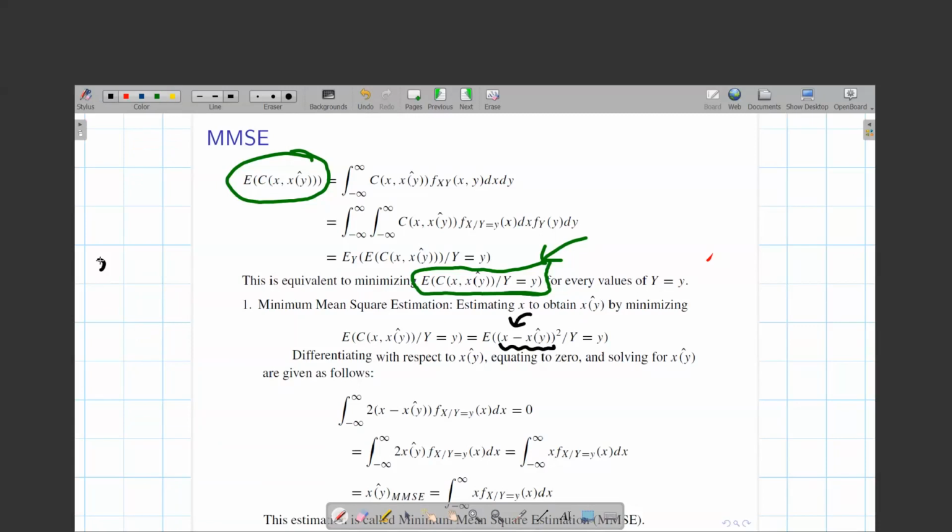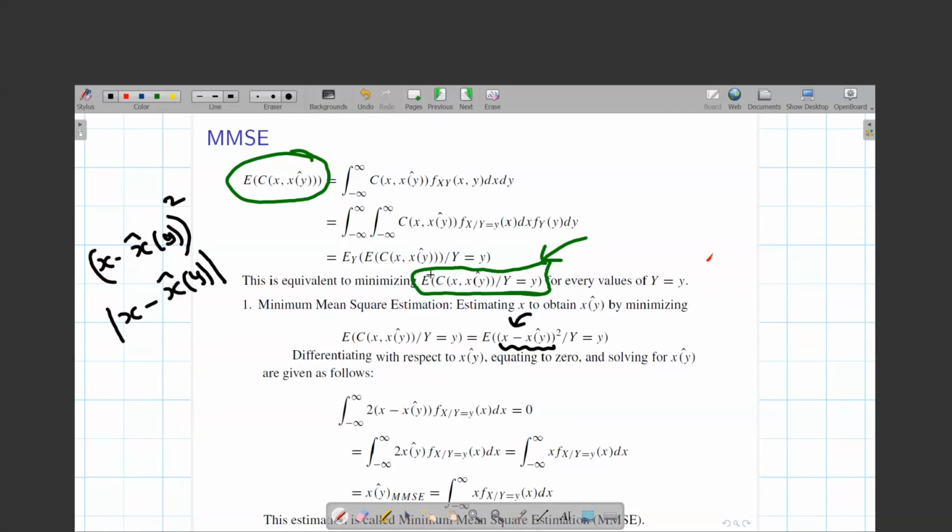That is one of the ways, right? (x minus x cap of y) the whole square. I am trying to minimize this in an average sense, so we have to take this expectation. And what could be another? Another could be the absolute error. Instead of minimizing the squared error, I can even go for the absolute error.